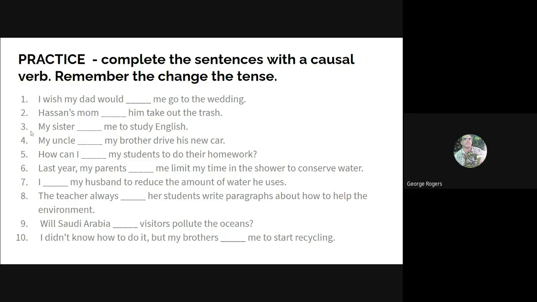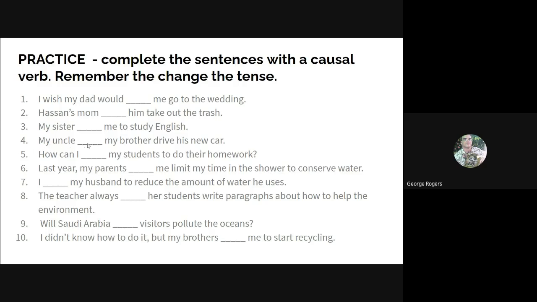Number three, my sister blanked me to study English. So I guess looking at go is the base. Here, take out is the base. My sister blanked me to study. So we have the to in front of this. That tells you something about eliminating some of the others.